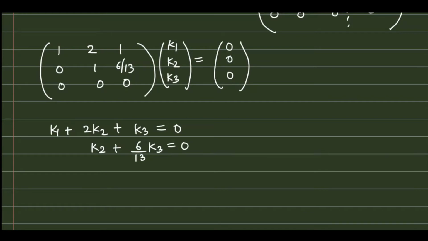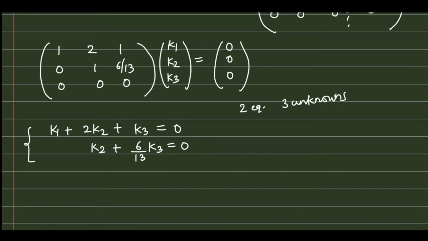In the third row we can see that all elements are 0, so we will not get any equation here. So we have only two equations and three unknowns. Unknowns are K1, K2, K3.